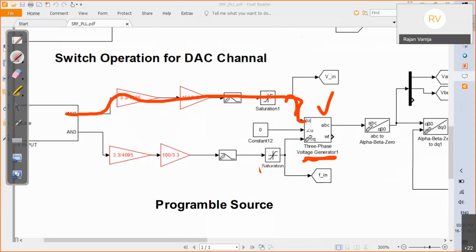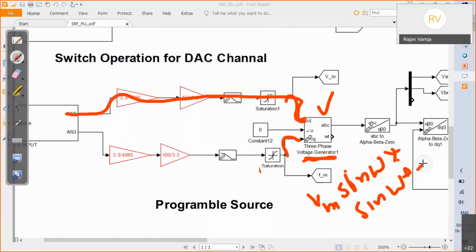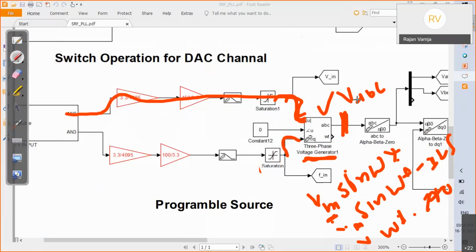Whatever magnitude and frequency you give, according to that it will generate the three signals Vm sin omega t, Vm sin(omega t minus 2 pi by 3), and Vm sin(omega t plus 2 pi by 3). The magnitude will be common, Vm, Vm, Vm, so the same magnitude will be in VABC.